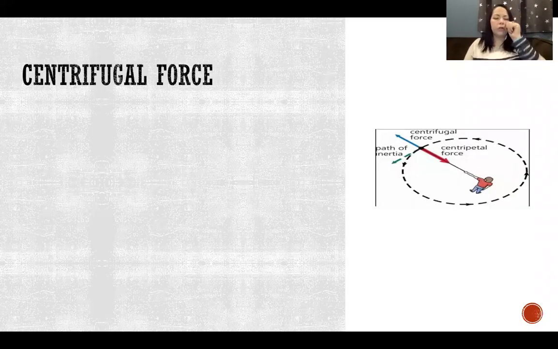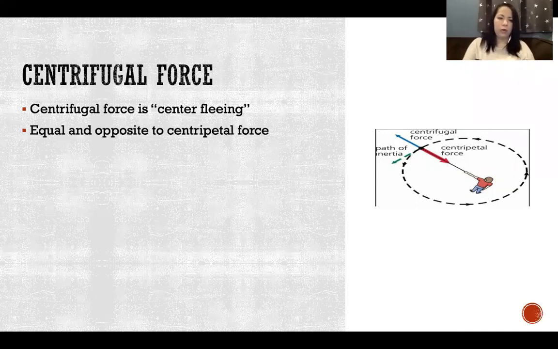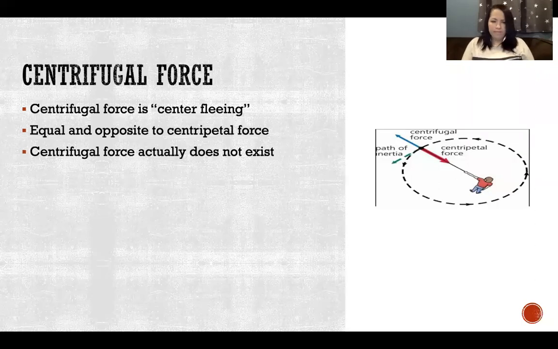Centrifugal force is even more confused in terms of how people use the term. It refers to center fleeing, so a force that causes a center-fleeing sort of path, the opposite of centripetal force. The tricky thing is that centrifugal force actually doesn't exist.